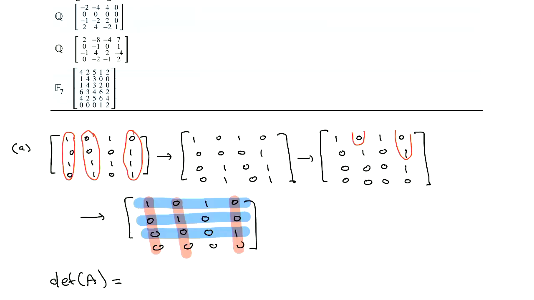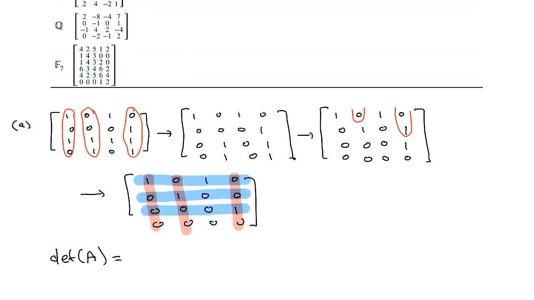However, let's just compute the determinant by hand. So it's 1 times the determinant. I'm just going to expand along the first row. Minus 0 times the determinant of crossing off the row and column of 0. So hopefully this is very familiar. If not, you know what to revise before next week.